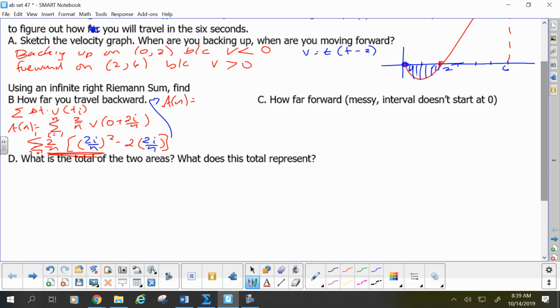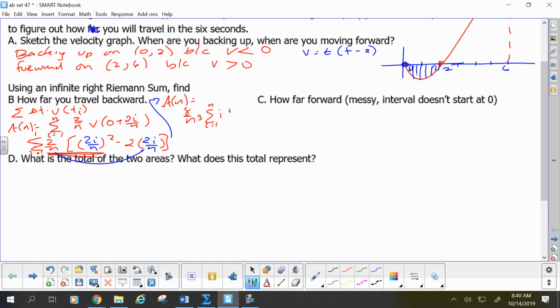So here, when you distribute and take out all you can, what can you take out front of the summation? 4 or 8? 8 over n squared or cubed? 8 over n cubed times the sum of a bunch of i squareds. And what about when you go here?